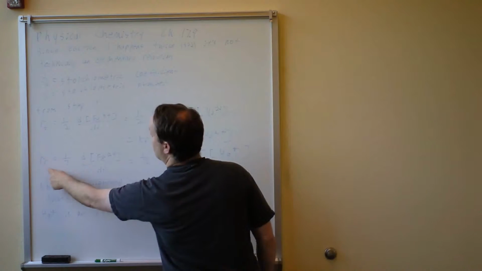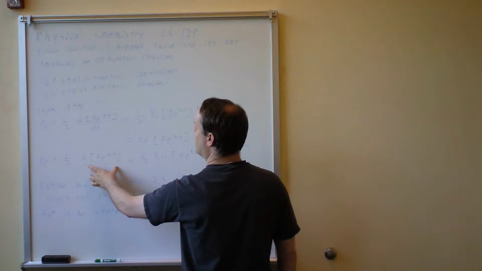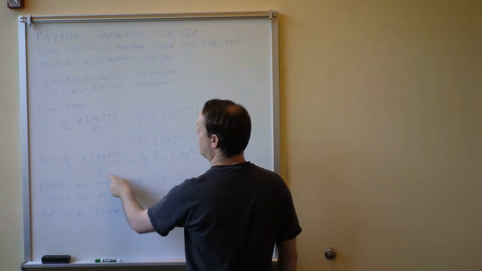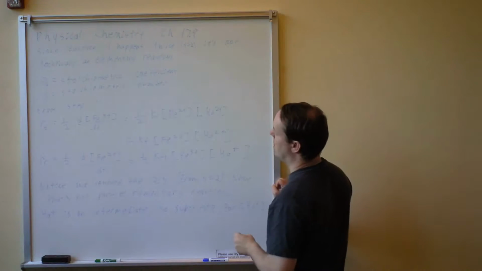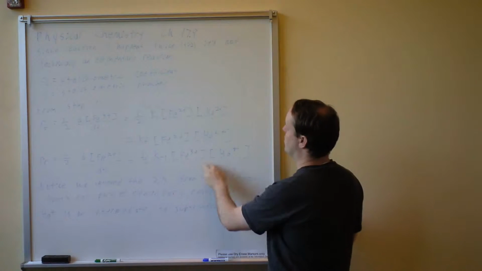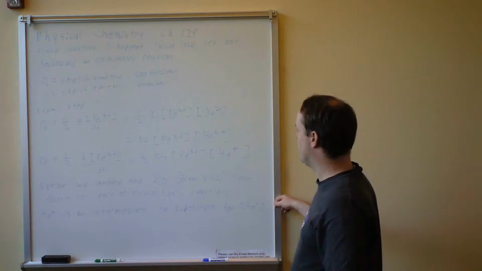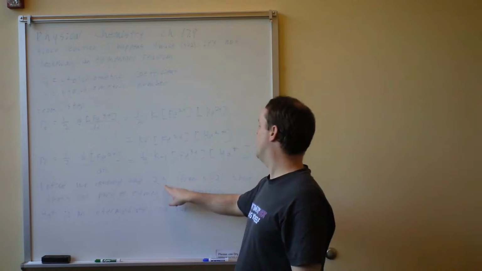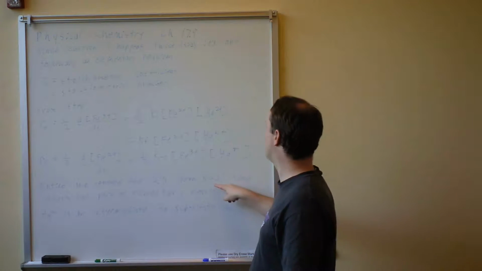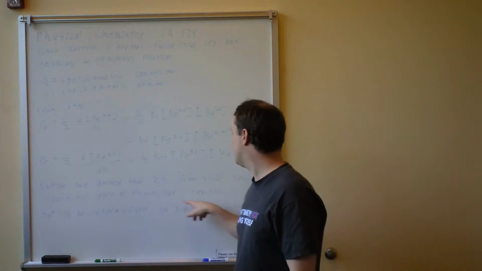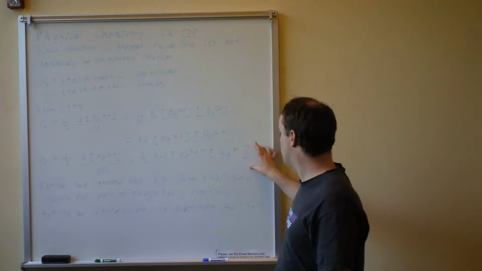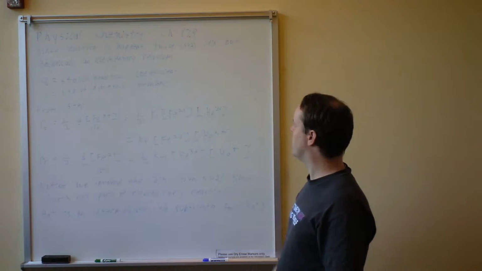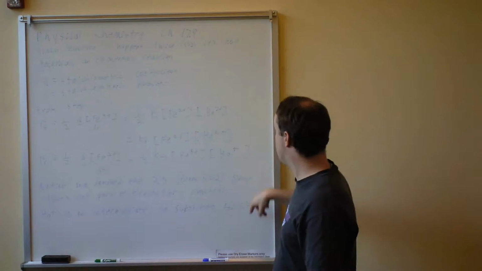Now, the rate reverse is going to be 1/2 times the derivative of the Fe2+ with respect to time. That's equal to 1/2 times the reverse constant times Fe3+ times Hg+. So again, notice that when doing this, we ignore the 2's from the stoichiometric number, since that's not part of the elementary reaction. Now this Hg+ here is an intermediate, so we need to substitute out for this term.